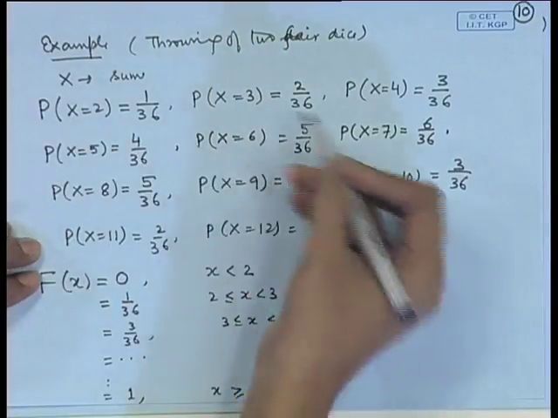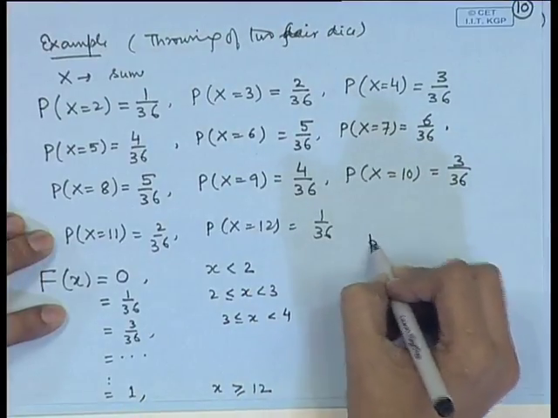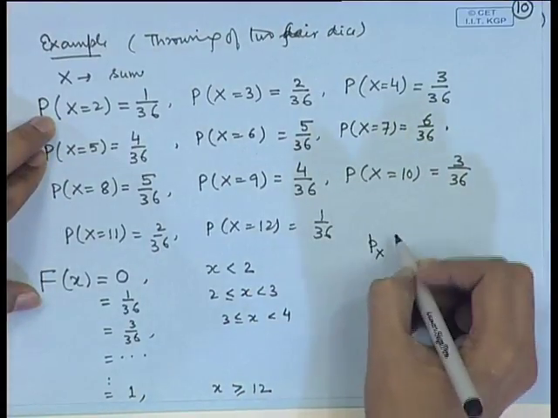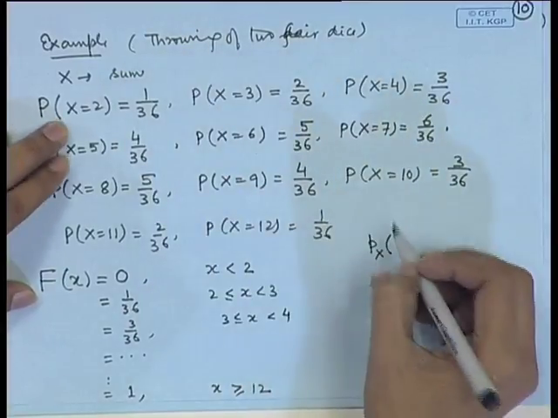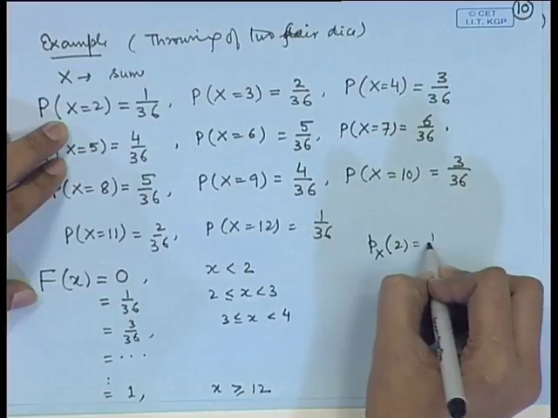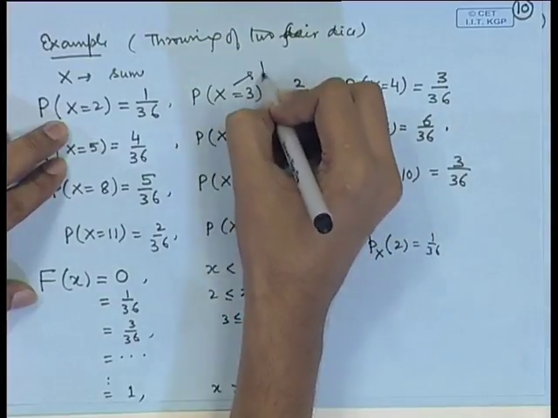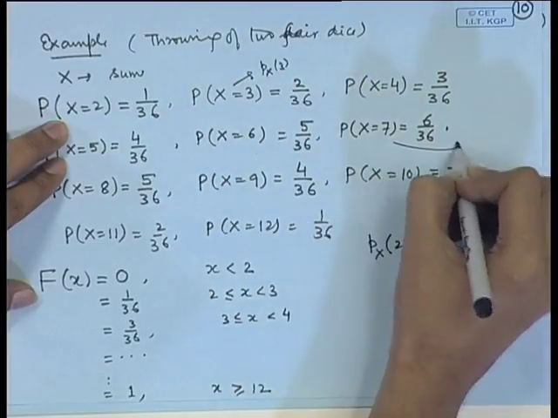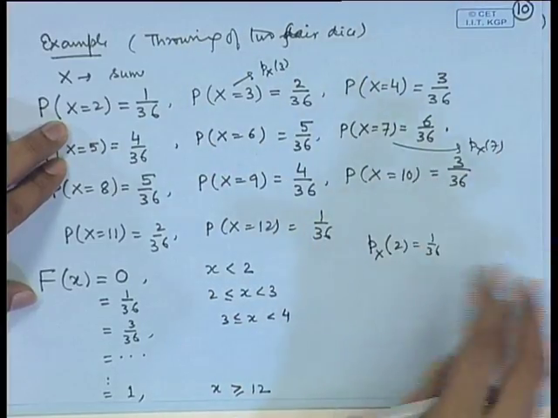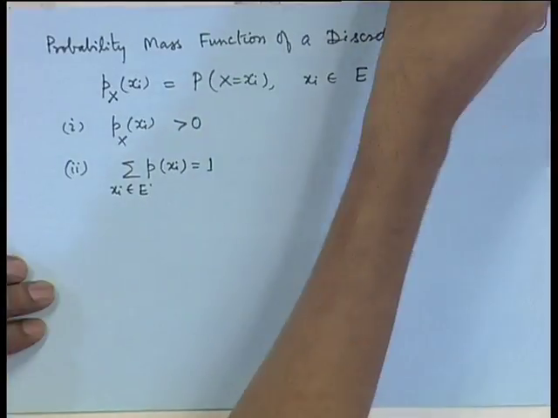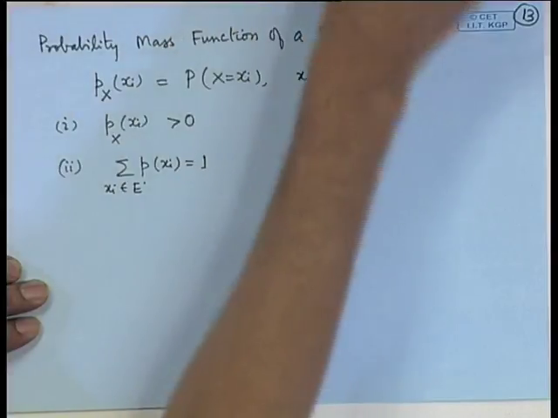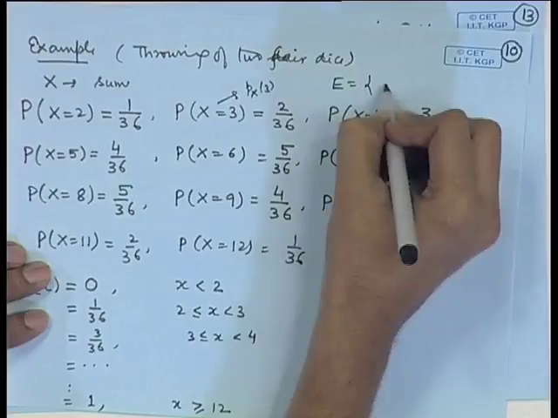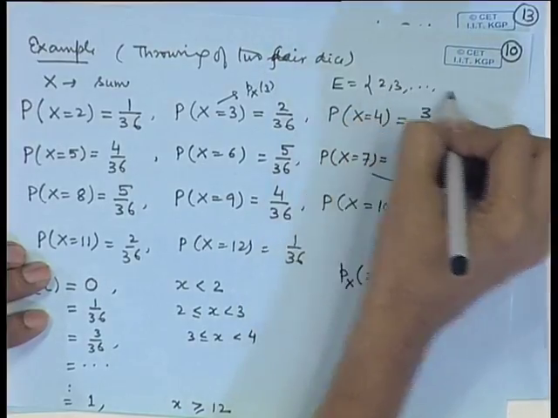So, we can write p_X(2) is equal to 1 by 36, this is p_X(3), this is p_X(7), etc. It is clearly satisfying the property that p_X(x_i) is greater than 0 for x_i belonging to the set E. Here what is the set E? The set E is 2, 3 up to 12.